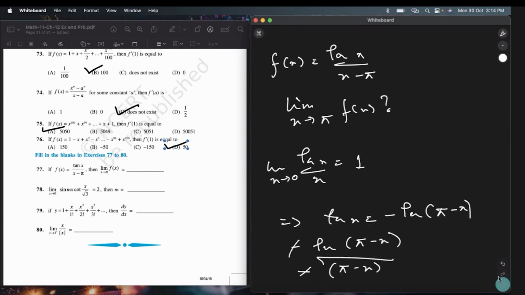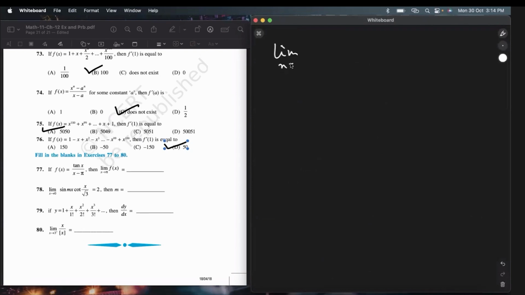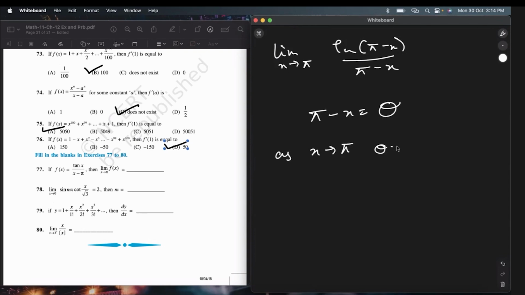So the question is now: limit x tends to pi of tan(pi minus x) over (pi minus x). Let pi minus x be theta. As x tends to pi, theta tends to 0. So limit of theta tends to 0, tan theta by theta returns a value of 1. Now moving on to the next question.